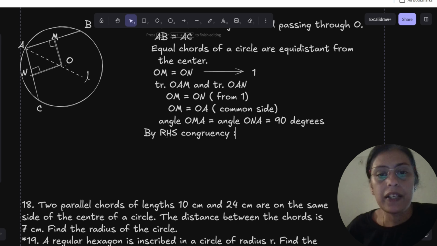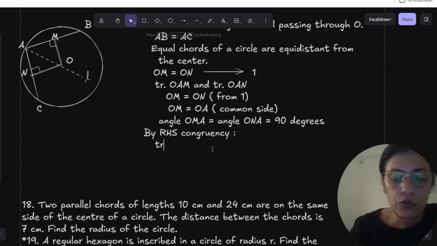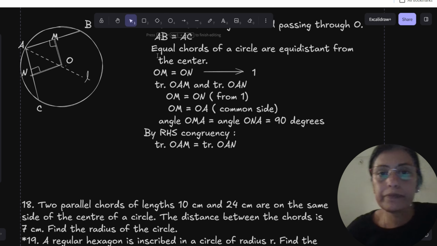We see here, this is the right angle. OA is the hypotenuse. OM and ON are the sides, right? So the hypotenuse is common anyway. OM and ON are equal because the two chords are equidistant. And we have drawn perpendiculars, so M is 90 degrees, N is 90 degrees. So these two triangles are congruent. Triangle OAM is congruent to triangle OAN.